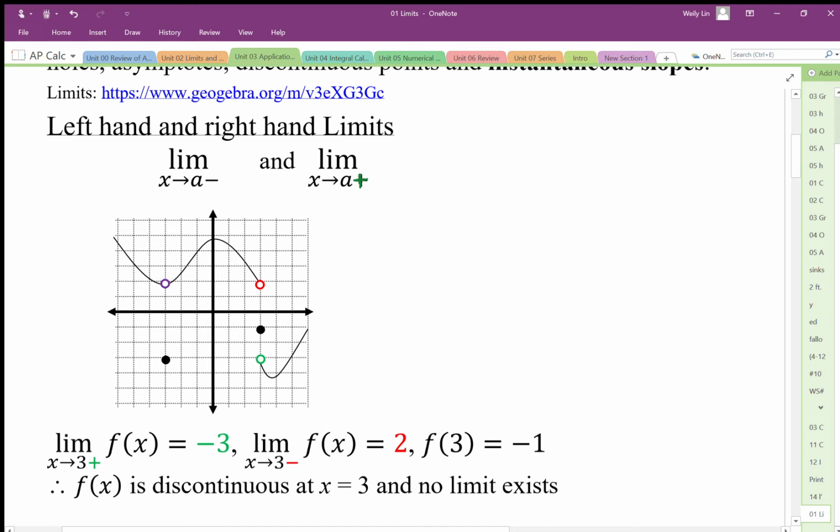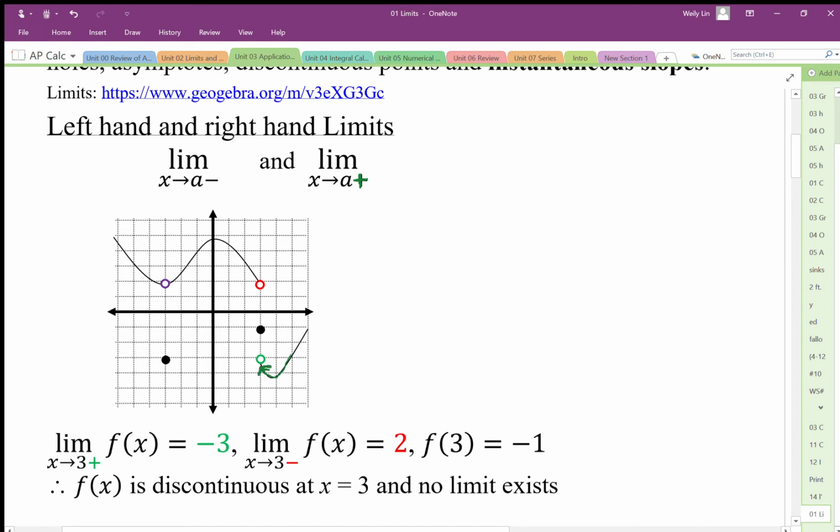The notation is this: the limit as x approaches some value from the right side. Here I've got x approaches 3, and this plus means not positive 3, but approaches 3 from the positive side. And it means that we are approaching the function from this side.